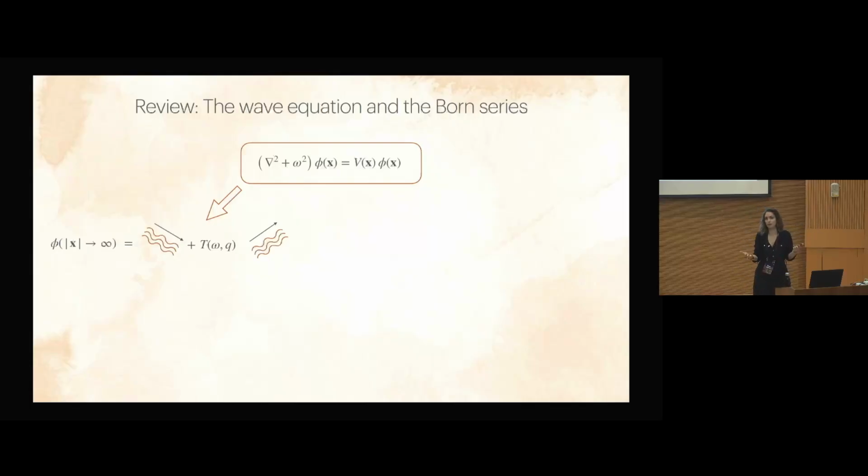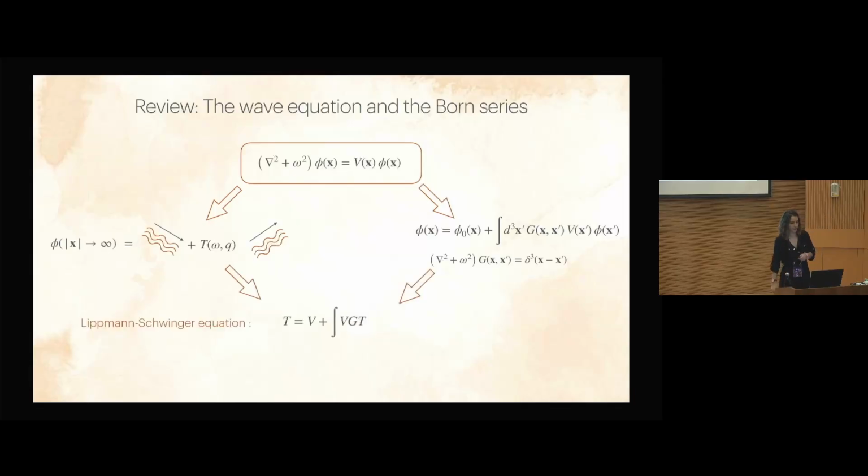And the way we define a scattering amplitude in quantum mechanics is just that the amplitude is the coefficient of the outgoing wave. This is also a differential equation that you can solve in general with a Green's function, which, by the way, is the same Green's function I was showing you before in momentum space. And if you, in a few lines, put together these two pieces of information, you see that this amplitude has to satisfy a Lippmann-Schwinger equation. And if you expand the Lippmann-Schwinger equation at small potentials, you recover a Born series.